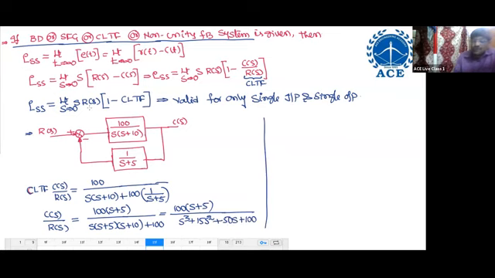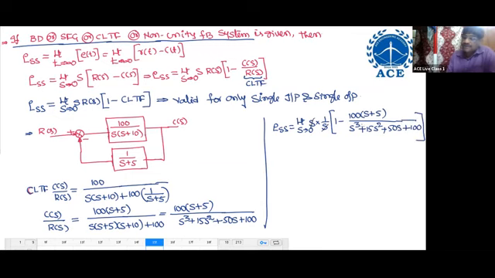Now use this, substitute here, get the answer. Same answer you will get. Substitute here. So ess equal to limit s tends to 0, s into R(s). Unit step input, now 1 by s into 1 minus closed loop transfer function, 100 into (s plus 5) by s cube plus 15s square plus 50s plus 100.